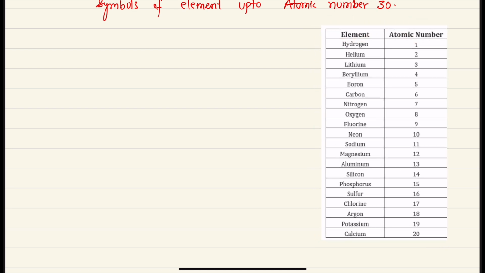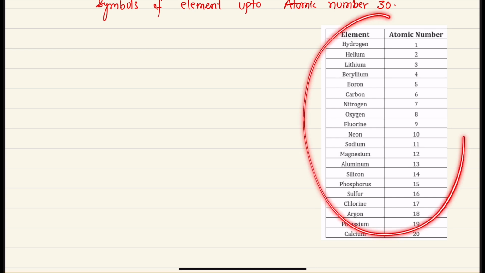Hydrogen, atomic number 1, helium 2, lithium 3, beryllium 4, boron 5, carbon 6, nitrogen 7, oxygen 8, fluorine 9, neon 10, sodium 11, magnesium 12, aluminium 13, silicon 14, phosphorus 15, sulfur 16, chlorine 17, argon 18, potassium 19, calcium 20.